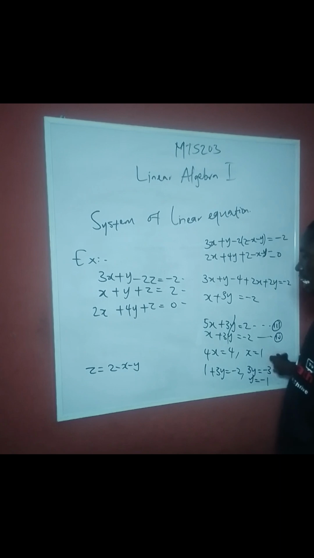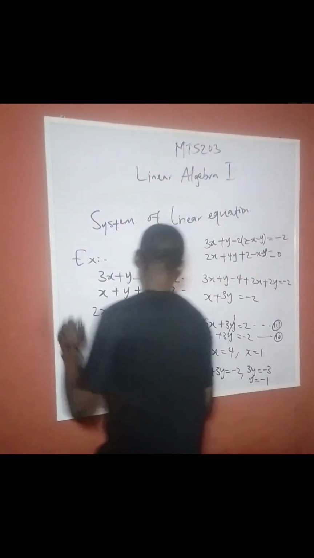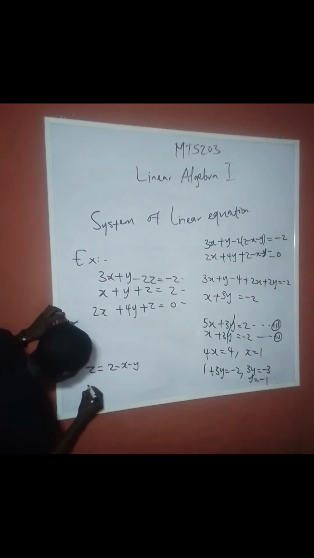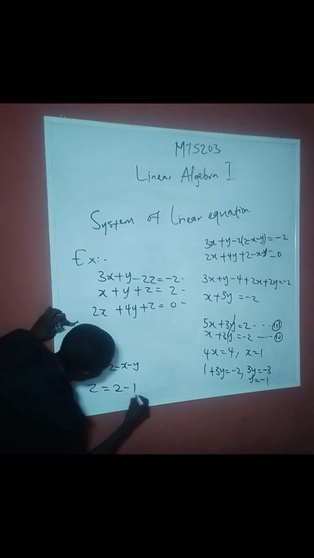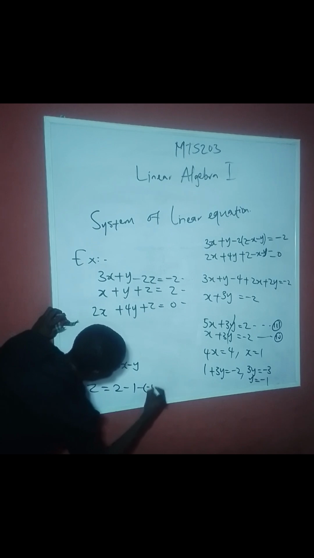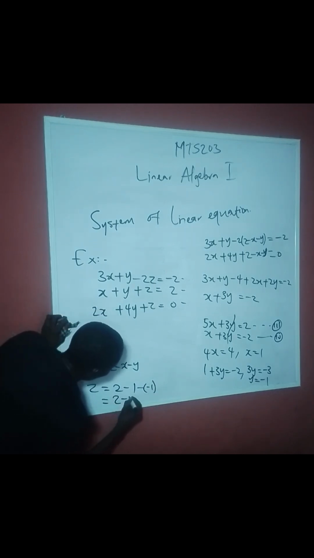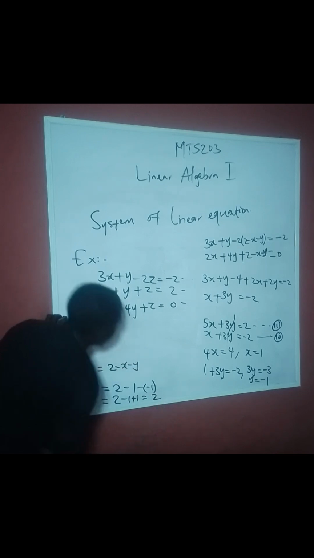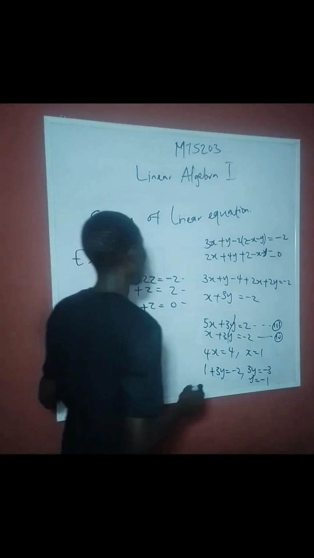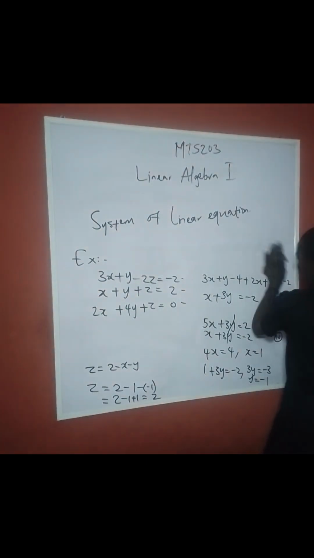So on getting z, I can easily call back this my equation to get my z. So z will just be 2 minus 1 minus 1, and that gives me 2 minus 1 plus 1. So my z is 2 from there. So now I know my solutions to this system of linear equations.